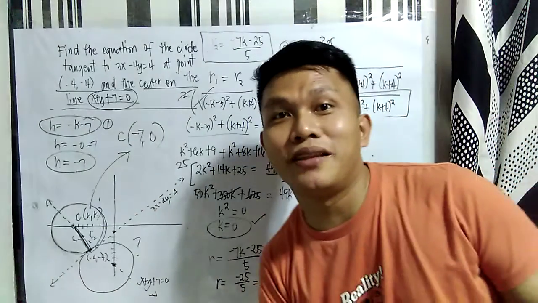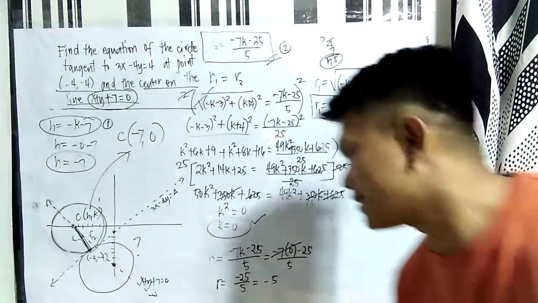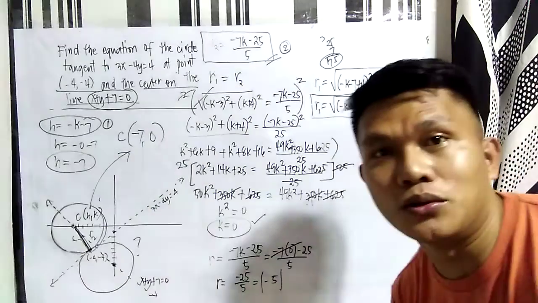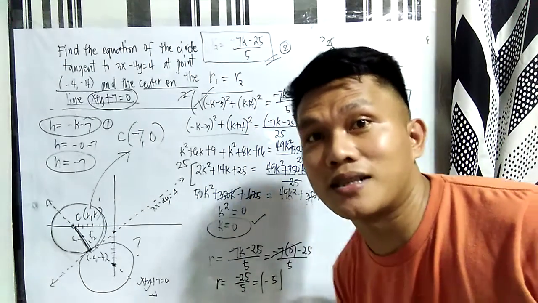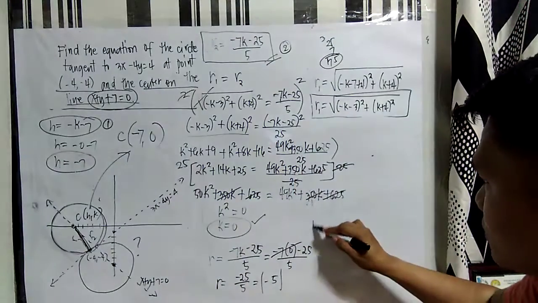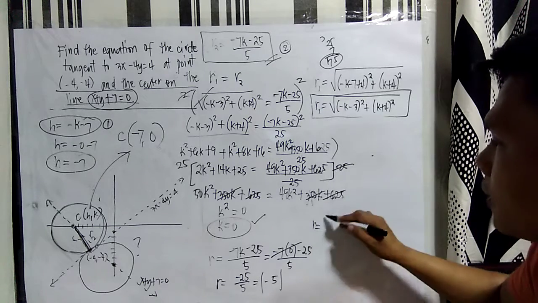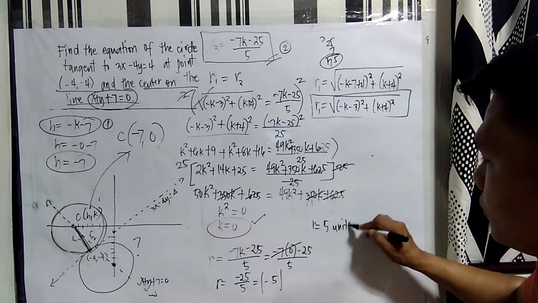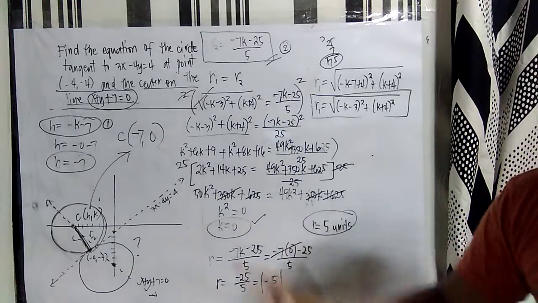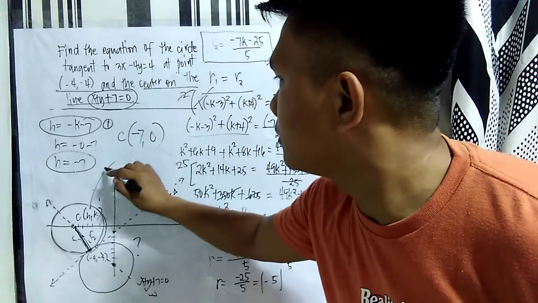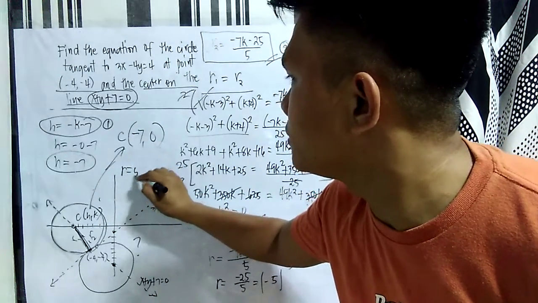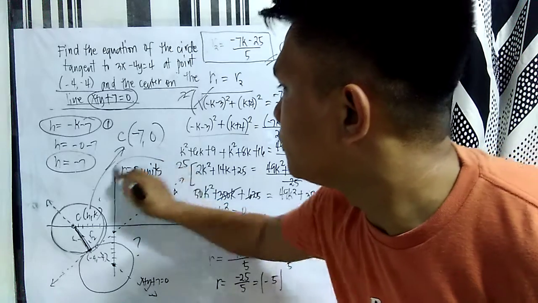But we don't have negative length, kaya ang gagawin natin, we have to put absolute value to make it positive. So our radius will be 5 units. Meron ka ng center ngayon at meron ka na ngayong radius na 5 units.